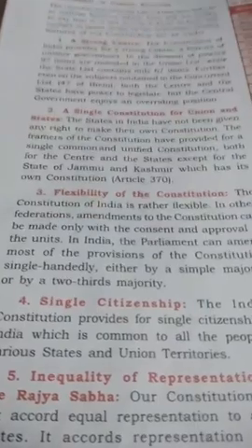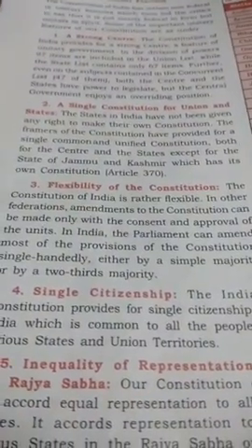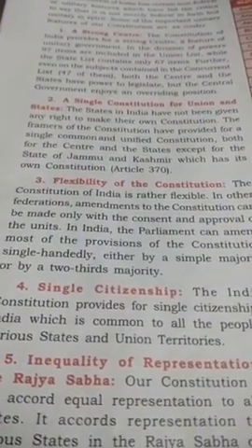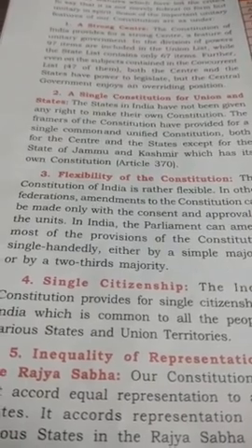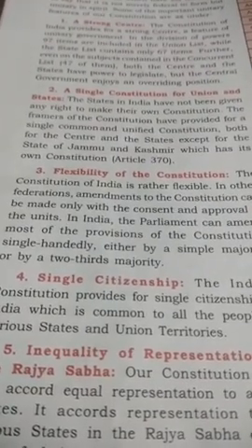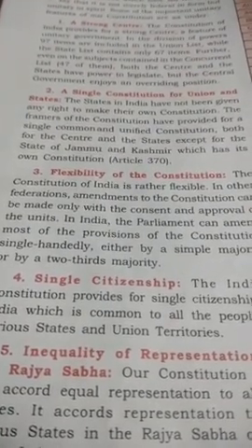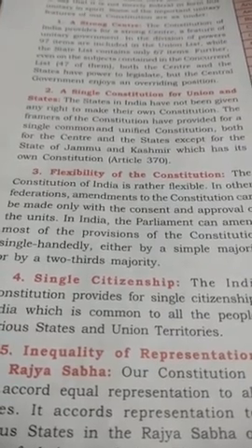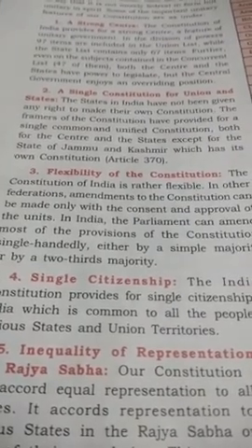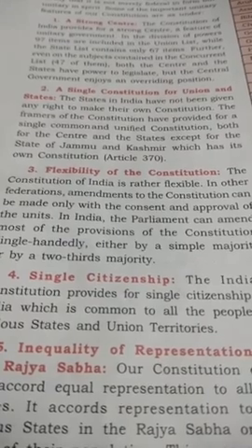Third point is flexibility of the constitution. What do we mean by flexibility of the constitution? Our framers framed the constitution according to the need of that situation. Some parts of our constitution can be amended.